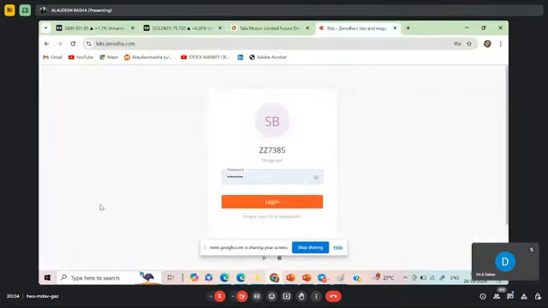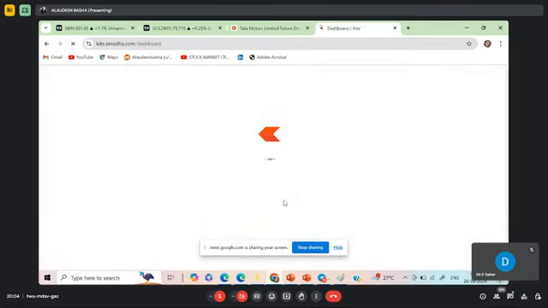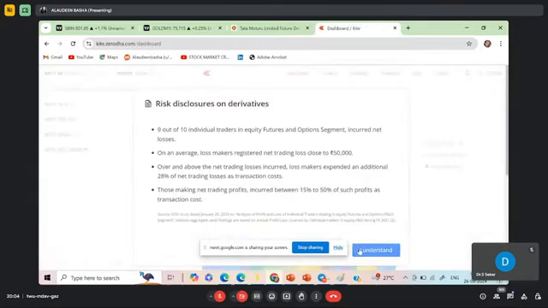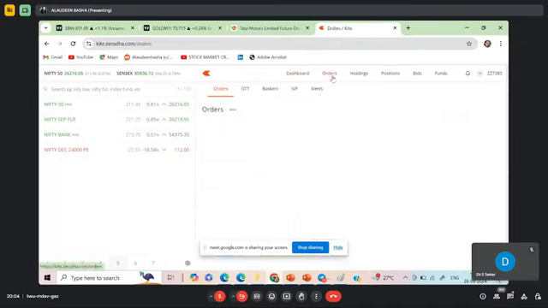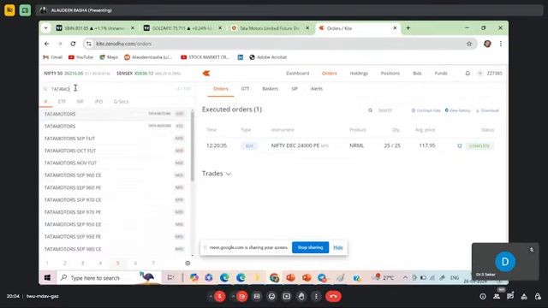I'm not recommending Zerodha. Just now adding the Tata Motors.